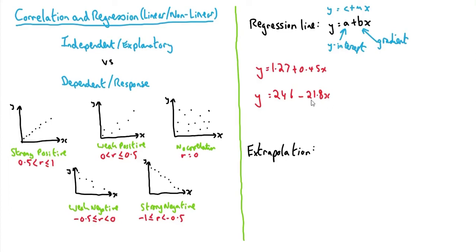So where we have the 21.8, that's saying that for every extra builder the total time it takes should go down by 21.8 minutes. And the 246, again, that should be the y-intercept. That should be that it takes 246 minutes at the beginning, but that would seem to be when there are 0 builders. And there can't be 0 builders.